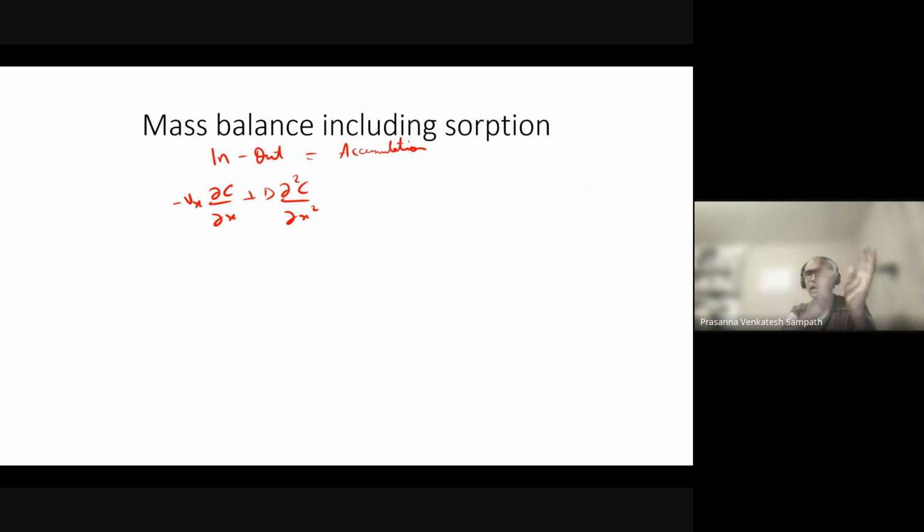This is in minus out. I'm just writing the final expression instead of going through all those steps. So you will get something of this nature: dou C by dou T plus dou CS by dou T into rho B.